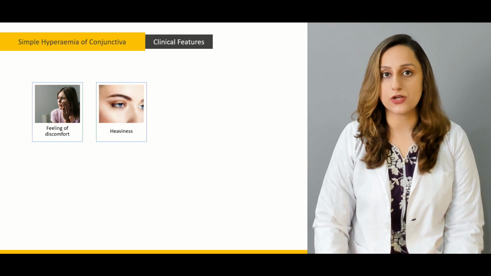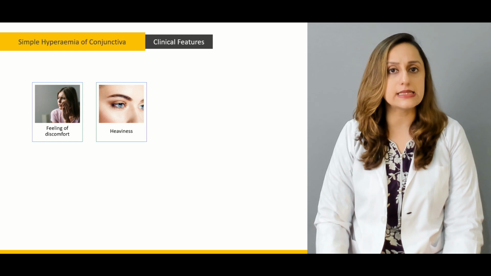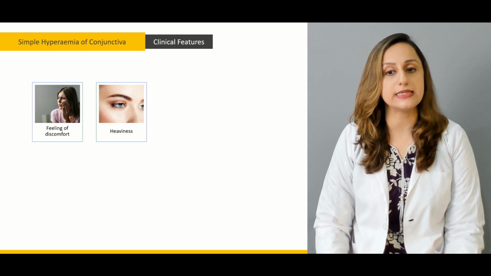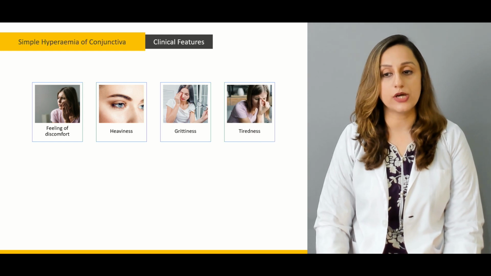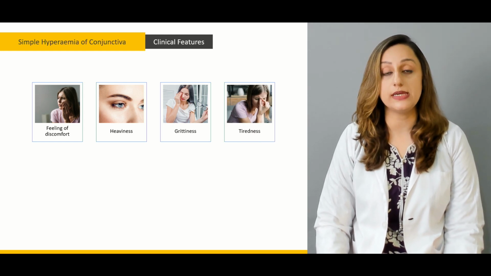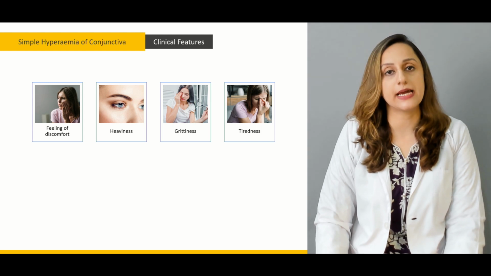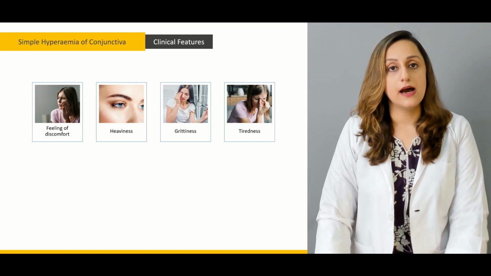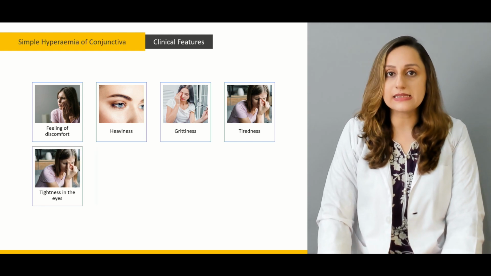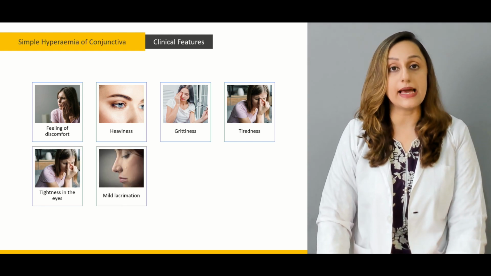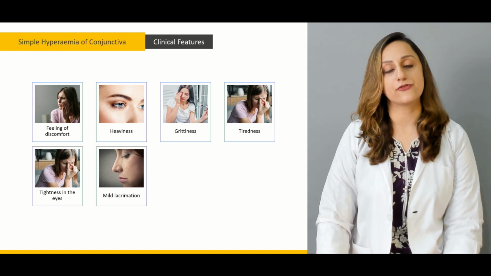Then obviously the grittiness in the eyes or the heaviness would be the second complaint. It would be coupled with tiredness. So chronic fatigue would sometimes be coupled along with this simple hyperemia of the conjunctiva. Tightness in the eyes would be another complaint, and there would be mild lacrimation.